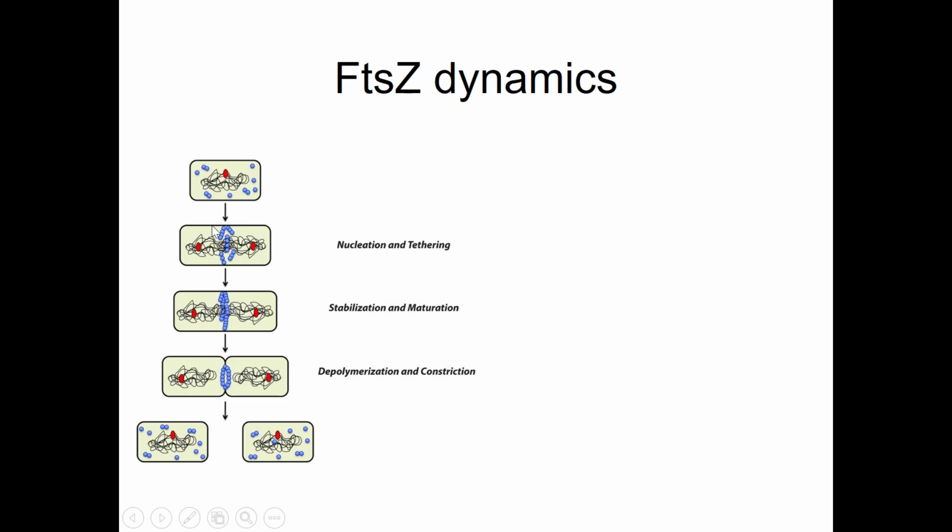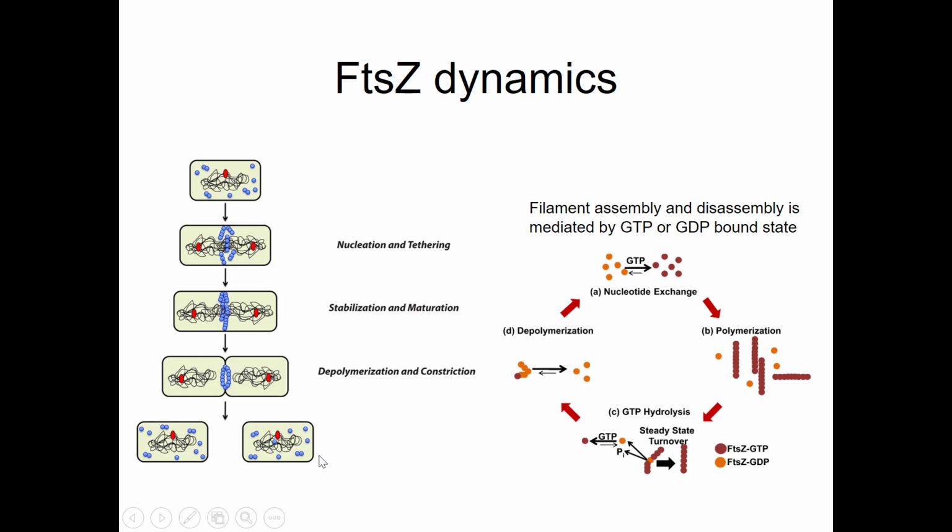Okay, so first FtsZ needs to nucleate near mid-cell, tether. It needs to stabilize and form a mature ring. Once it does that, it can begin to depolymerize and cause constriction of the cell, ultimately dividing that one mother cell into two identical daughter cells. And filament assembly and disassembly is mediated by whether or not FtsZ is bound to GTP or GDP.